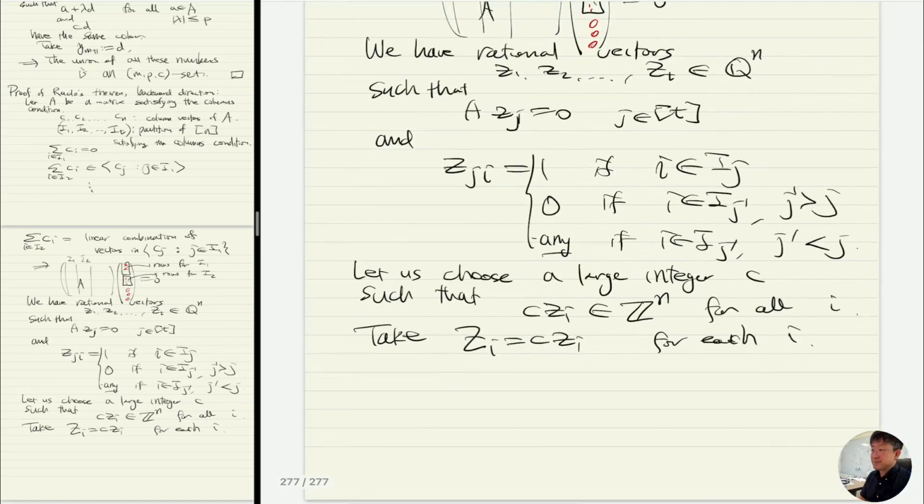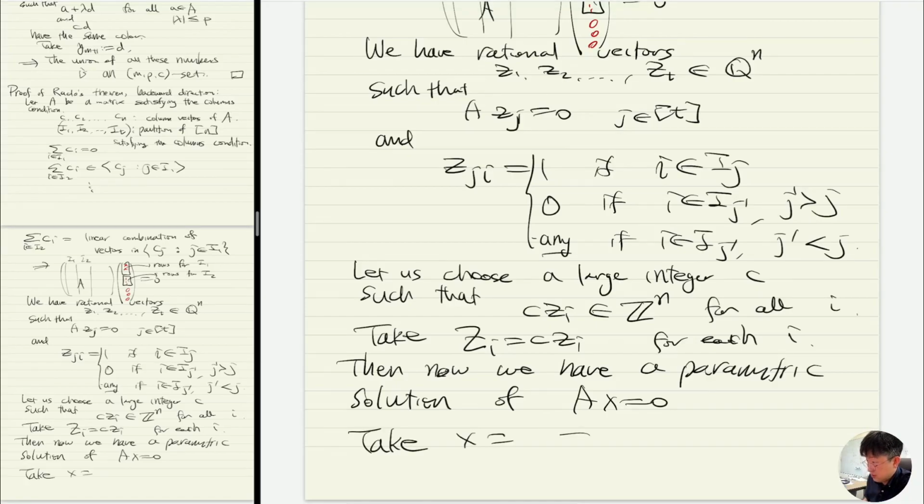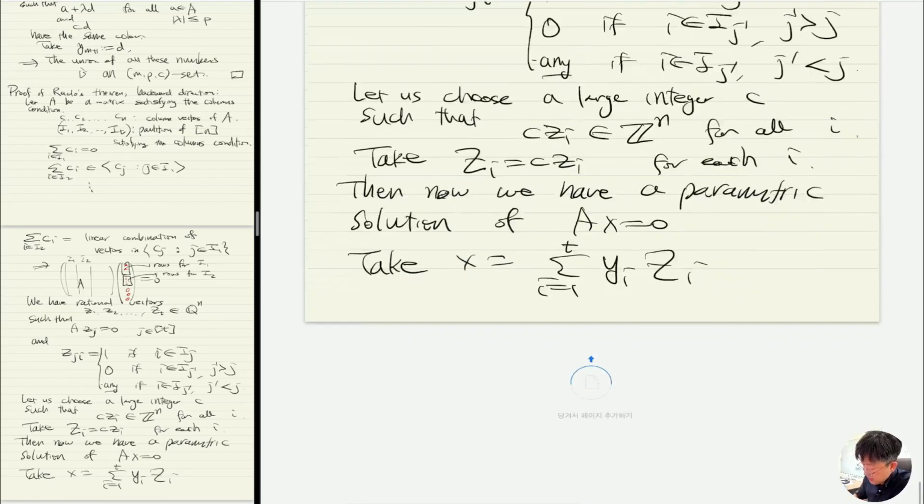All right. Now, what does that mean? That means that now we have a parametric solution of Ax equal to 0. Like take x equal to the sum of yi Gi, right?